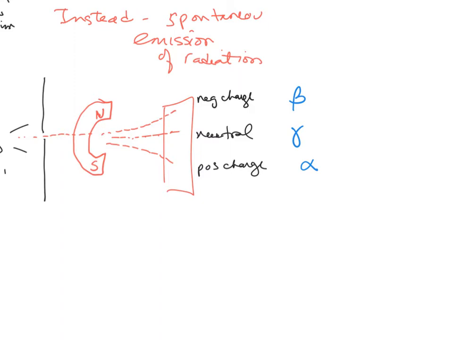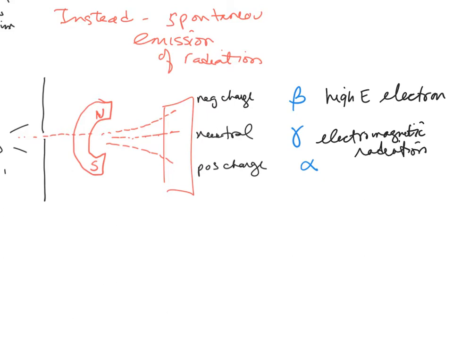Beta turned out to be a high energy electron, which means it's moving fast. Gamma is neutral, and this one is electromagnetic radiation, high energy photons.